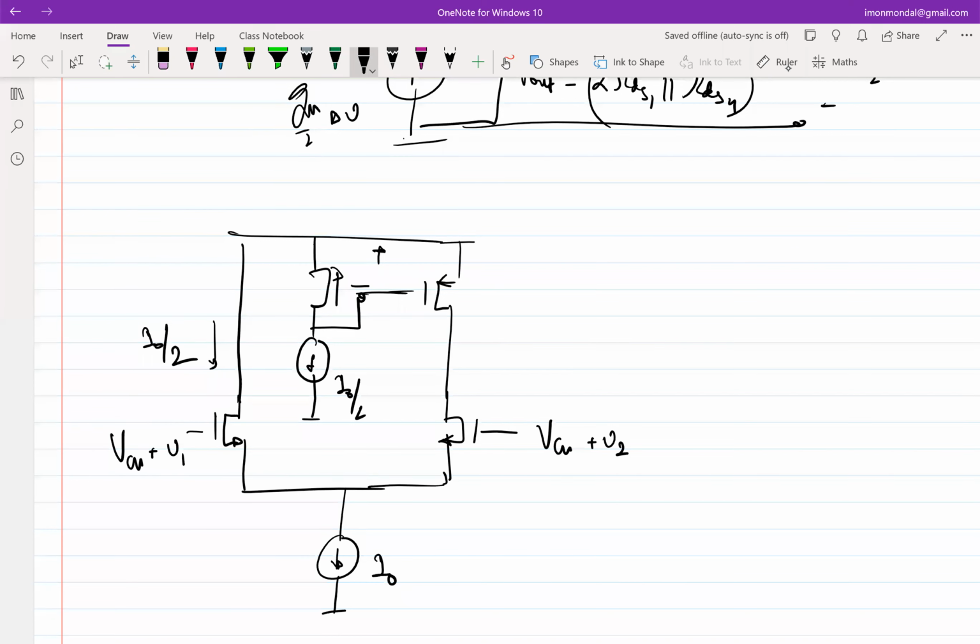And since this is connected to the drain of M1, it will be unaffected as long as we keep M1 in saturation. So what we can do is simply mirror this current into here and get rid of this.